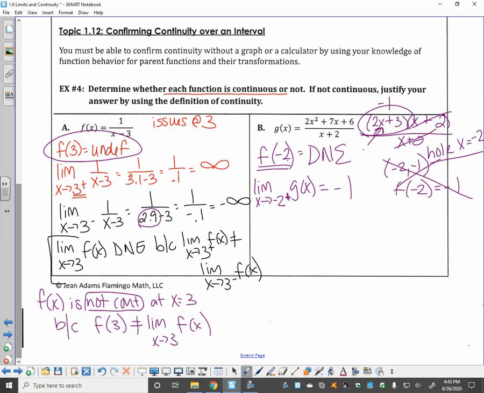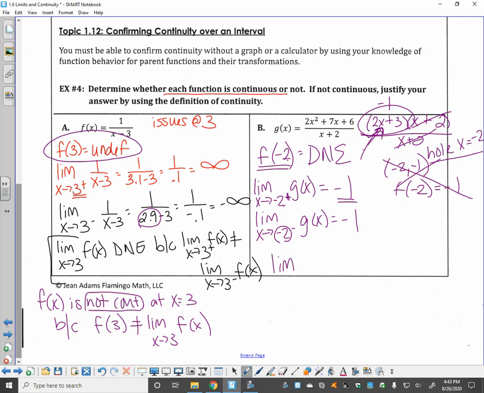The function doesn't exist there. The hole is there. The function doesn't exist because the hole is there. But because it's a hole and not an asymptote, the limit is headed to a particular spot. So the limit as x approaches -2 from the left is also going to be -1 because I'm taking the -2 and I'm plugging it in there.